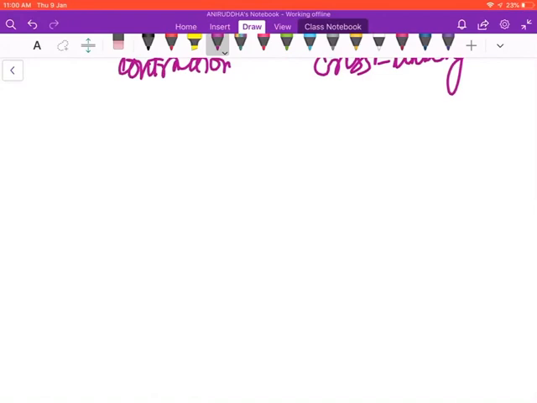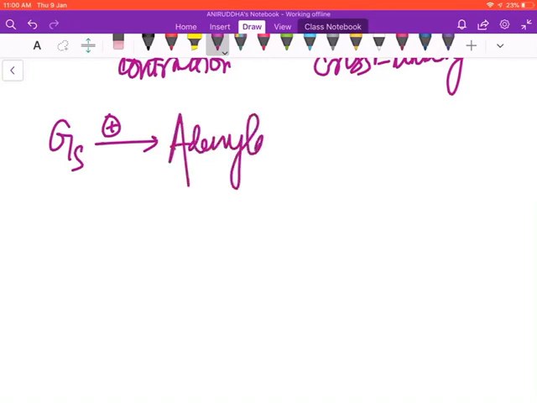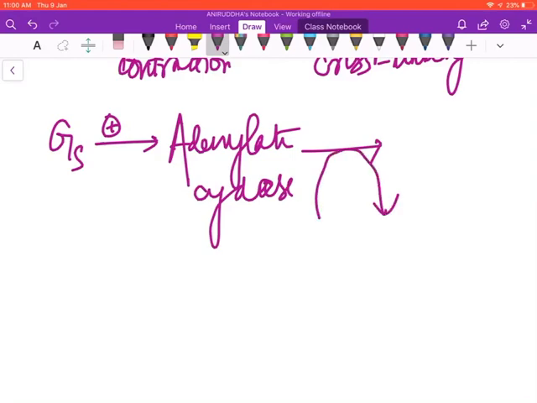The Gs type, when stimulated, will activate an enzyme known as adenylate cyclase, which will in turn convert ATP to cyclic AMP. Cyclic AMP will activate various intracellular kinases.